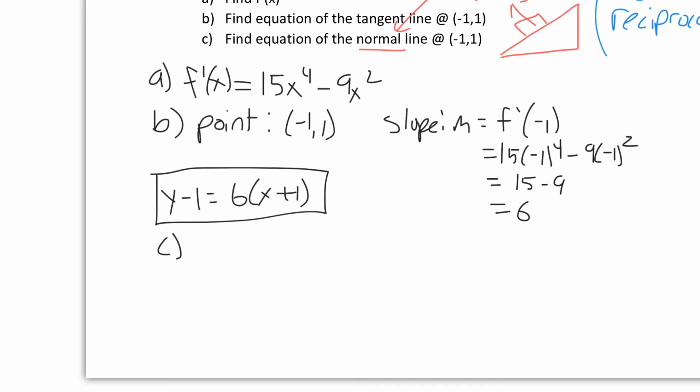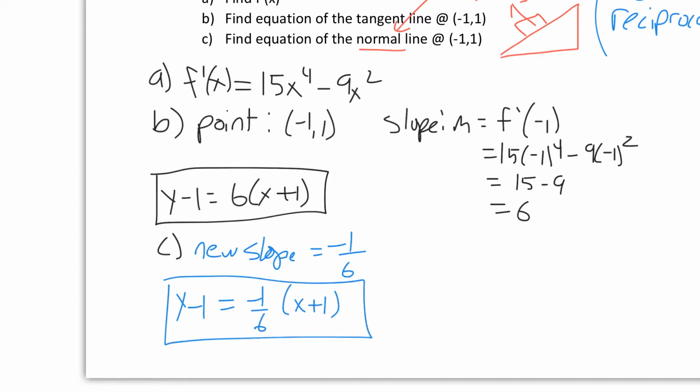So for C, our new slope is equal to -1 over 6, and we'll get y minus y1 equals -1 over 6 times x plus 1. And there's our new equation for the normal line.